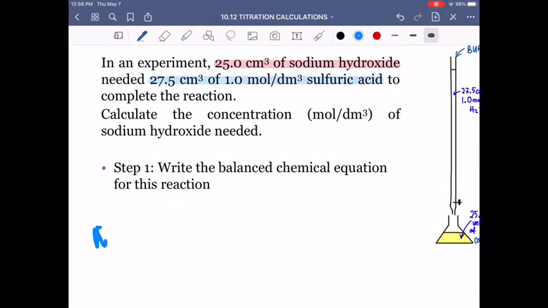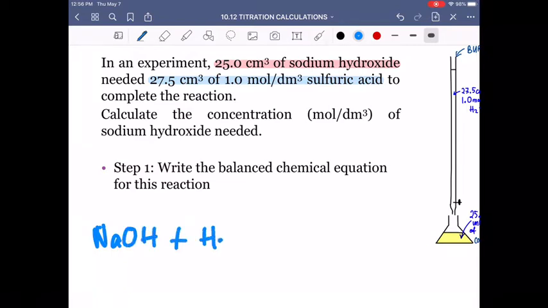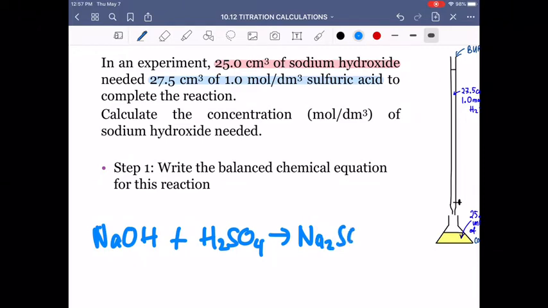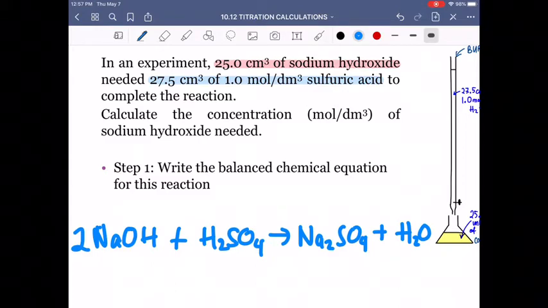Let's write down NaOH with sulfuric acid H2SO4 will give you sodium sulfate Na2SO4 and water. This is your neutralization reaction. Balance the equation: you have to put 2 here and another 2 here.